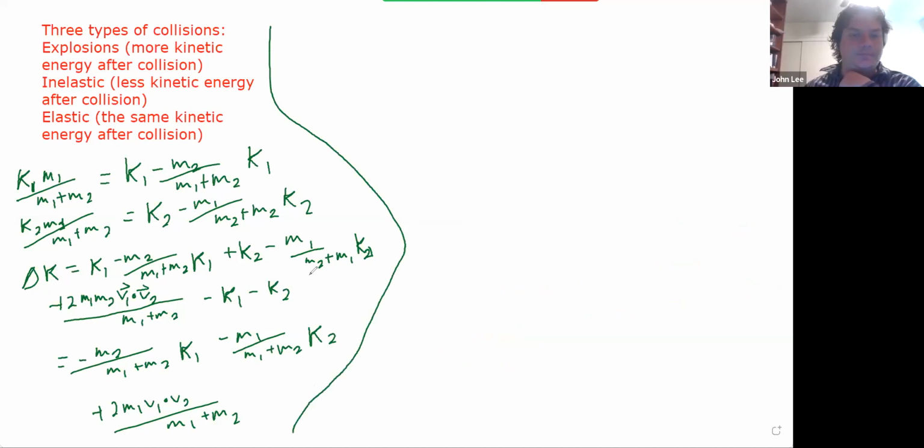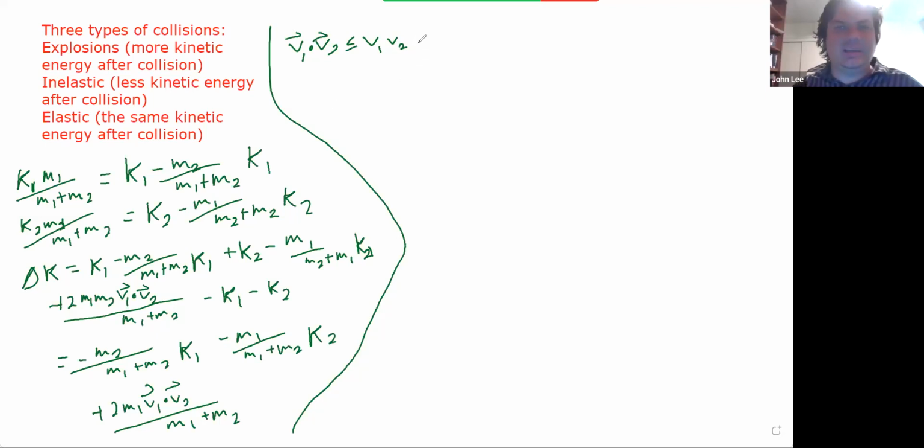So V1 dot V2 is less than or equal to V1 times V2, the magnitude of V1 times V2.